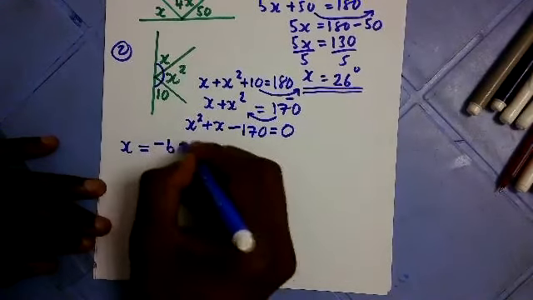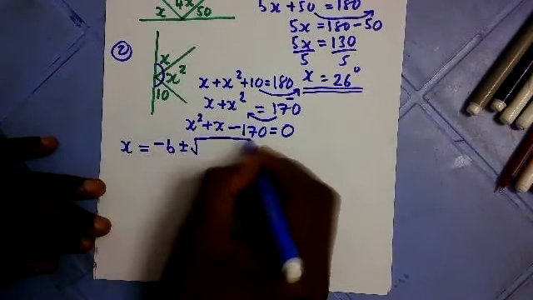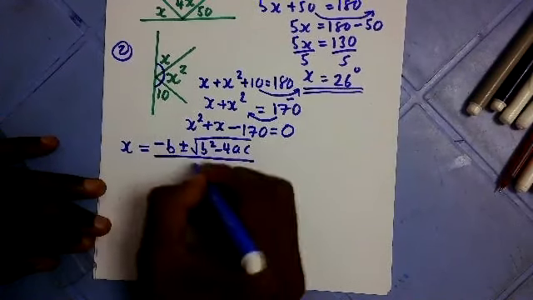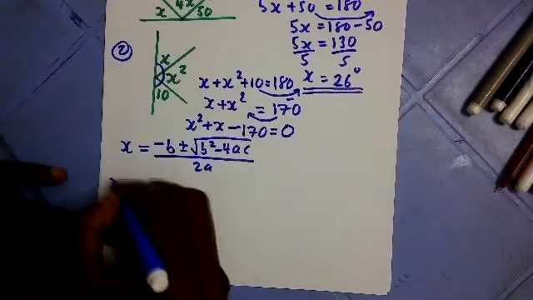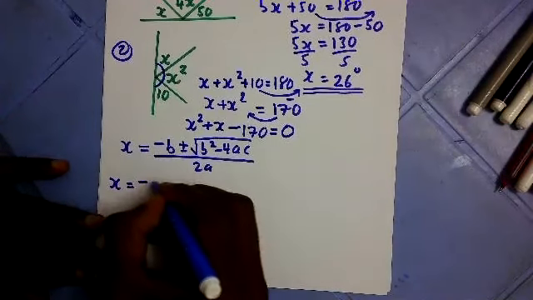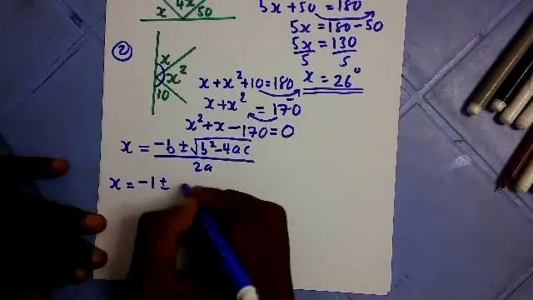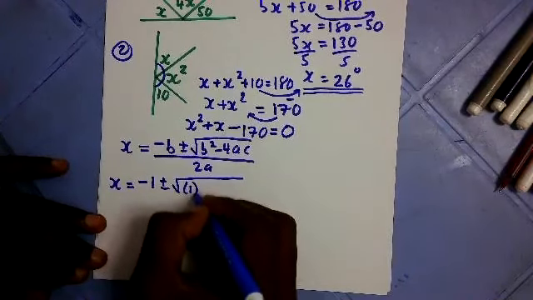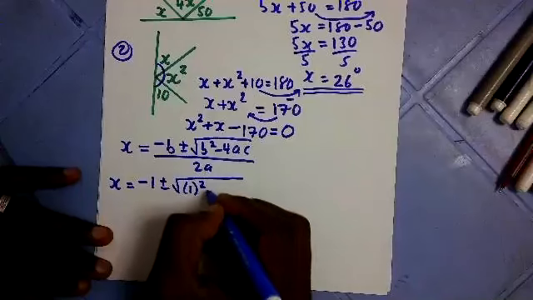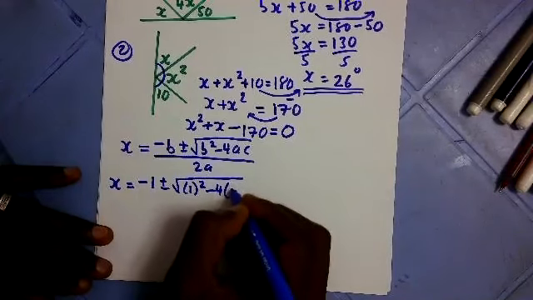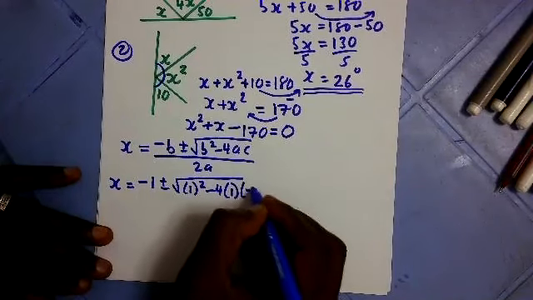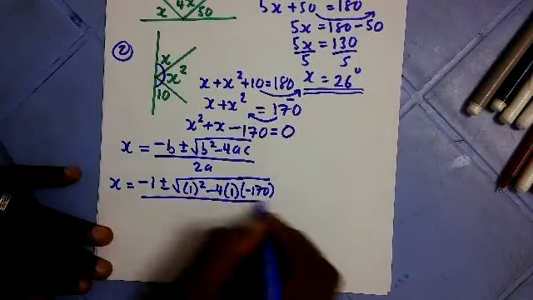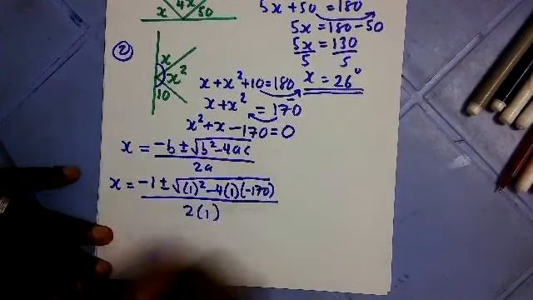And that is minus b plus or minus the square root of b squared minus 4ac, everything over 2a. Then I have to substitute in my information. So minus 1 plus the square root, b is 1, so 1 squared. Then I get minus 4, a is 1, and my c is minus 170. Everything will be over 2, times 1.